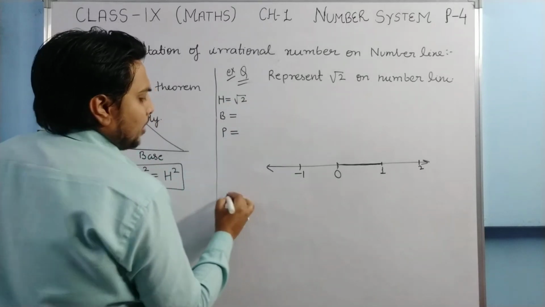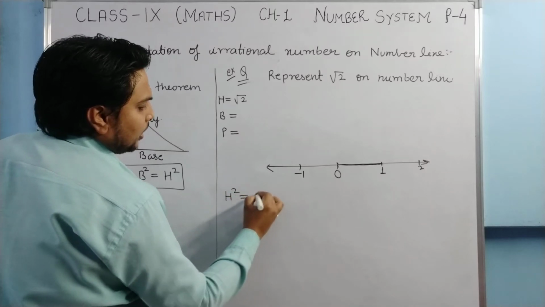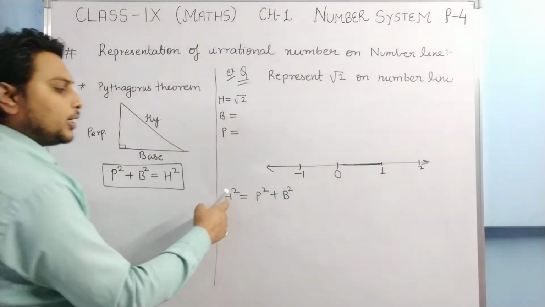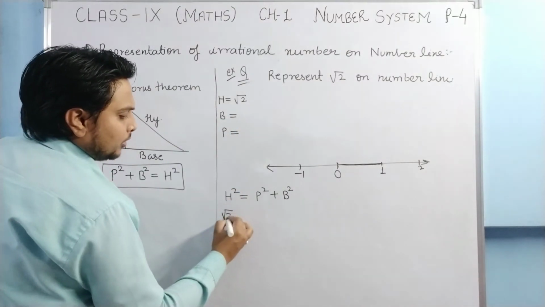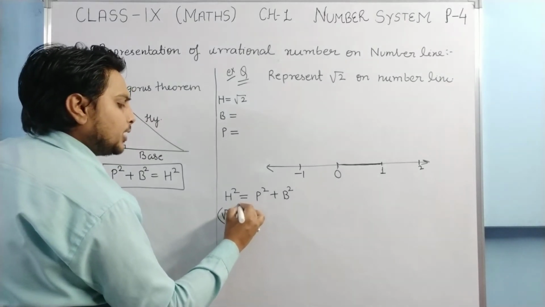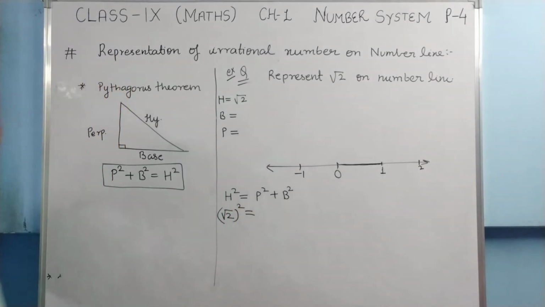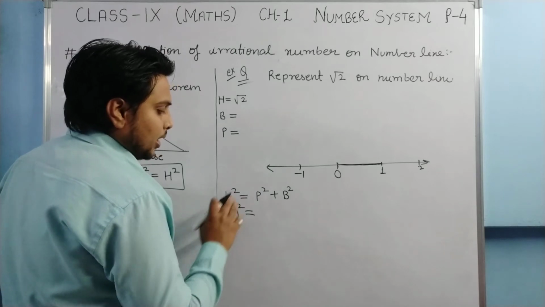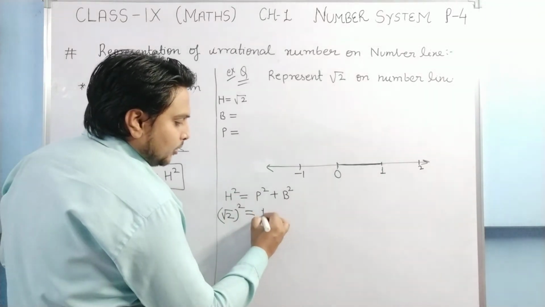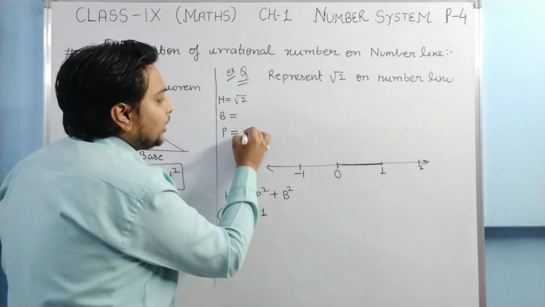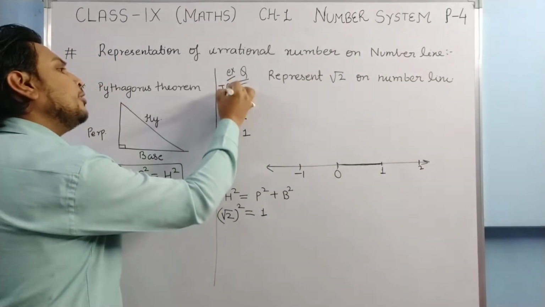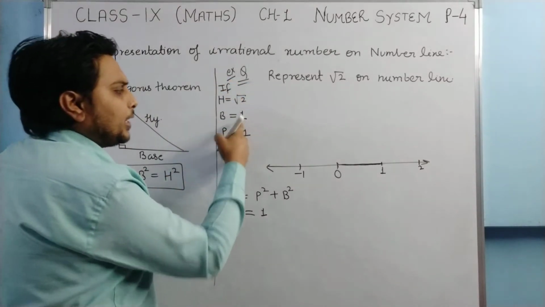What is the Pythagoras theorem? Hypotenuse square is equal to perpendicular square plus base square. So we put the value of hypotenuse, that is under root 2 square. Now what two values of perpendicular and base should we take so that it follows this theorem? Suppose we take perpendicular as 1 and base also as 1.